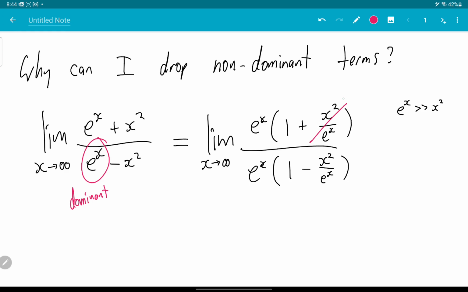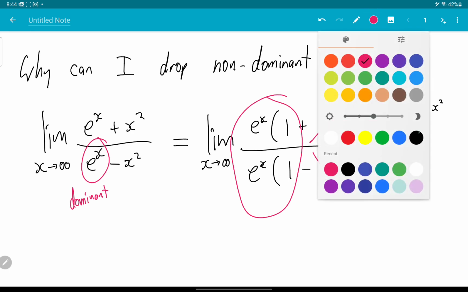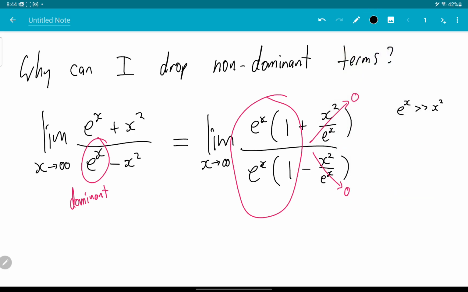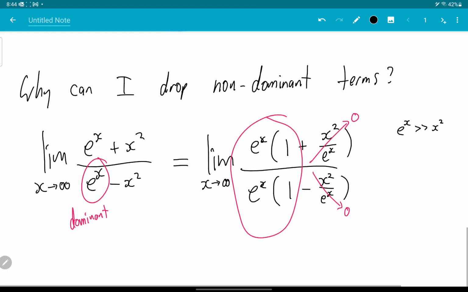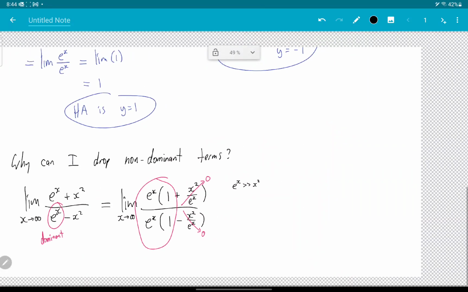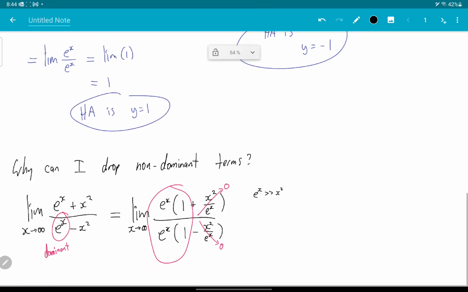Well, this fraction here is going to go to 0. And this fraction here is also going to go to 0. And what I get is just e to the x over e to the x here, right? So I end up in the same place that I ended up here.